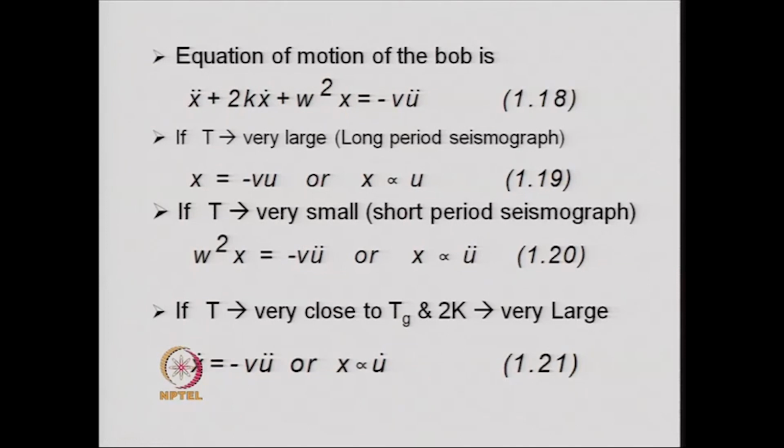Now, there are three kinds of seismograph that we can have. One is a long period seismograph. In that, the T, that is the time period, is very large. As a result of that, the omega square term becomes very small.